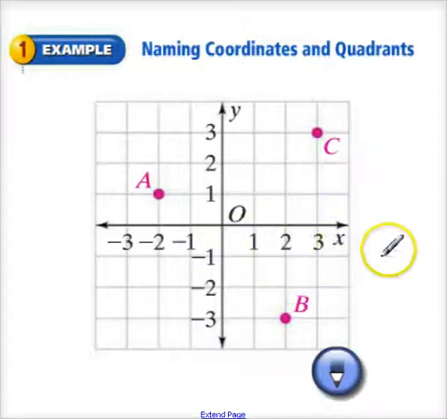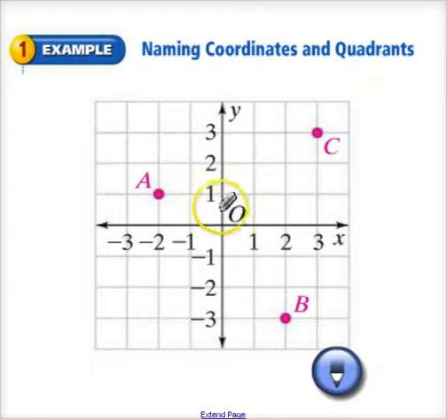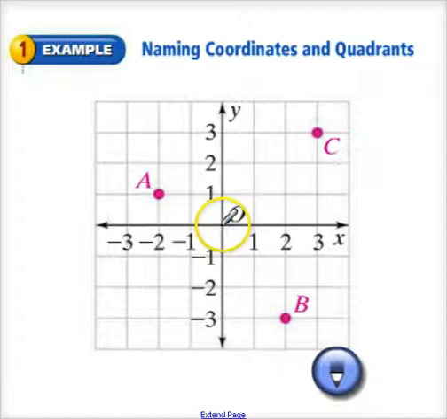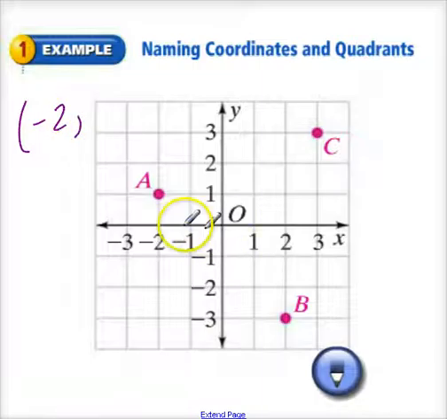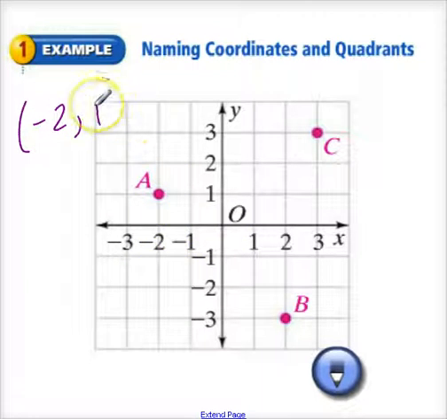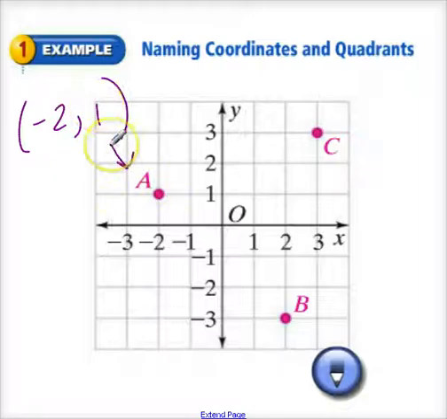So let's do a little practice with naming coordinates. If I ask, what is the ordered pair for the point A? Start at your origin, see how far you have to go over. We went over a -2. So my x-coordinate is -2. And looks like I went up. So that's a +1. So that's for A. B, start at the origin.